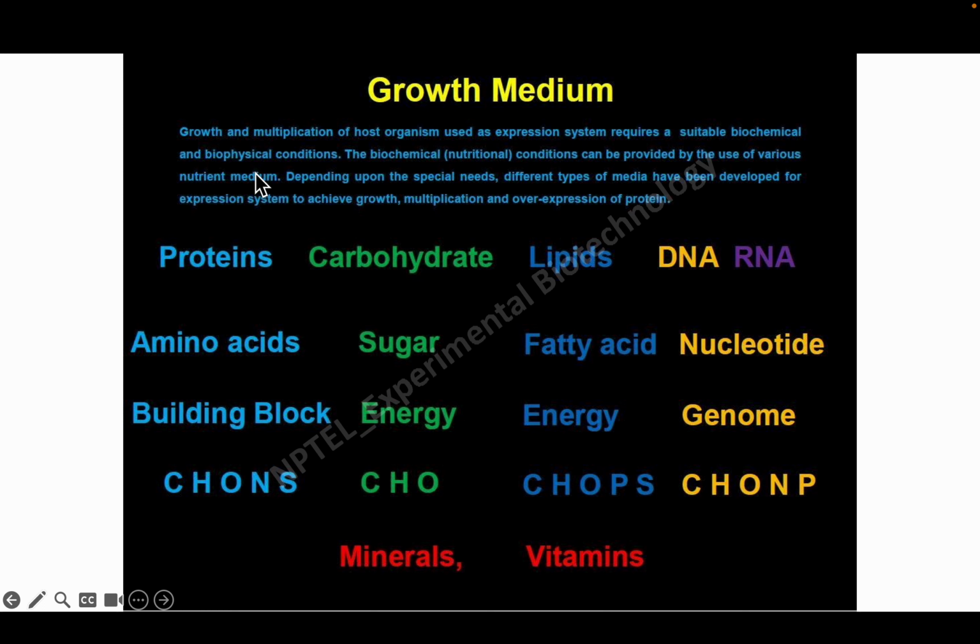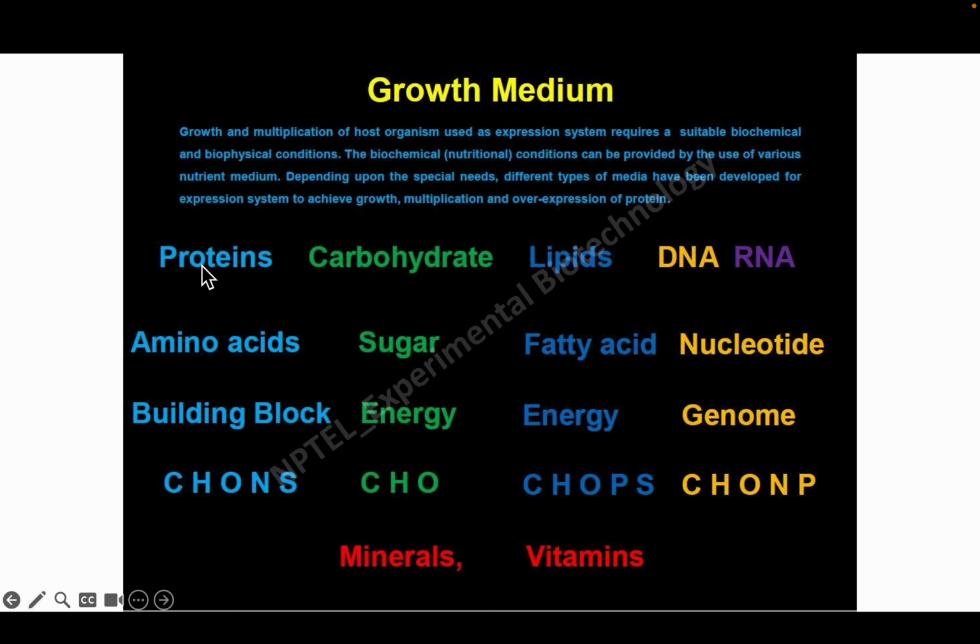So growth and multiplication of host organism used as expression system requires suitable biochemical and biophysical conditions. The biochemical conditions can be provided by the use of various nutrient media. Depending upon the special needs, different types of media have been developed for expression systems to achieve growth, multiplication and overexpression of protein.